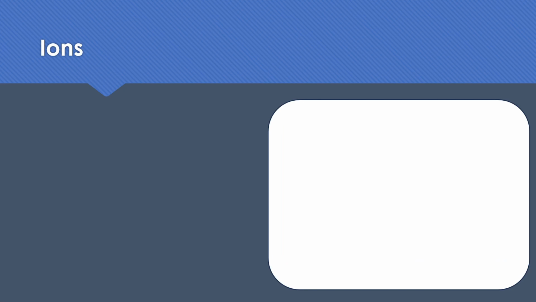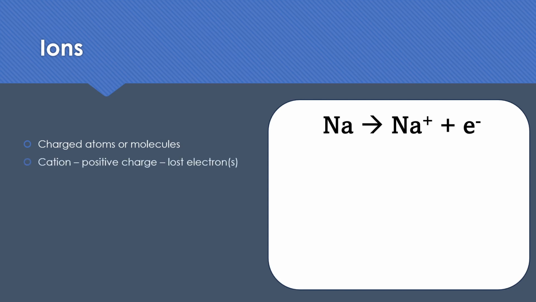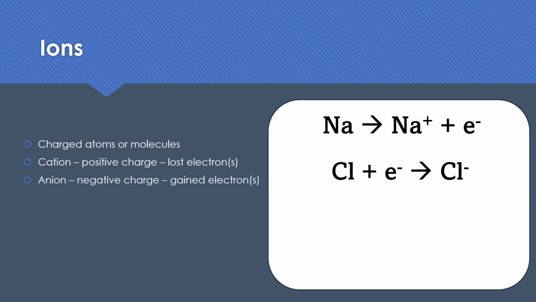Ions are charged atoms or molecules. So you can have an atom, like a monoatomic ion, where it's just sodium by itself, or you can have a polyatomic ion. So remember, a cation is a positive charge. I lost an electron. An anion has a negative charge. I gained an electron.